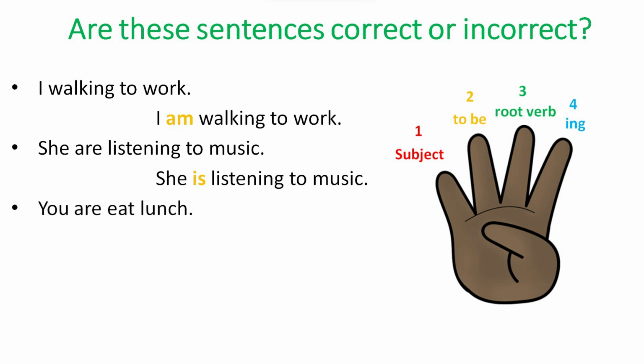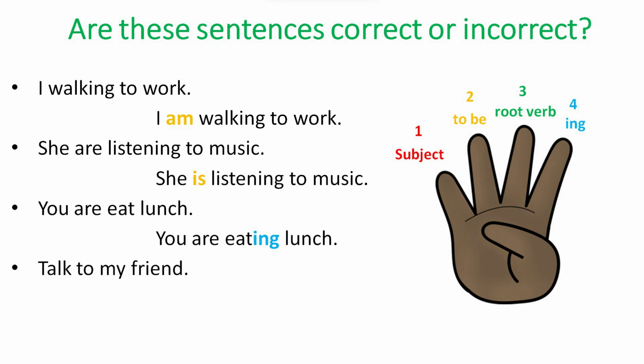You are eat lunch. Is anything missing? You is our subject, are is the correct verb to be, eat is the root verb, but ing is missing. It should be you are eating lunch.